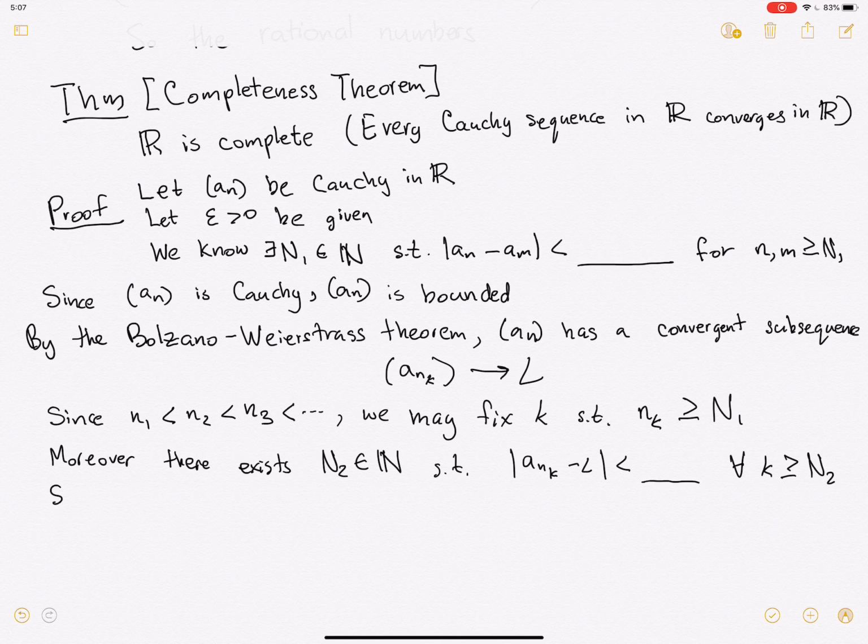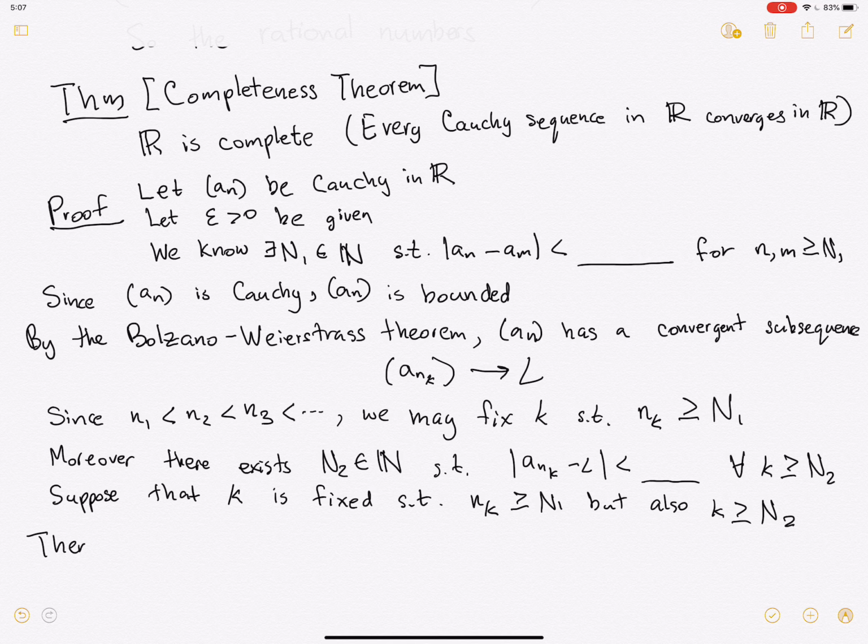Now suppose that k is fixed such that n_k is greater than or equal to N1, but also we choose k to be greater than or equal to N2.